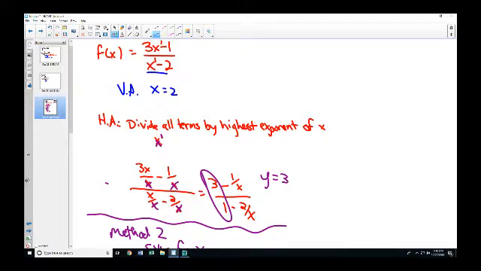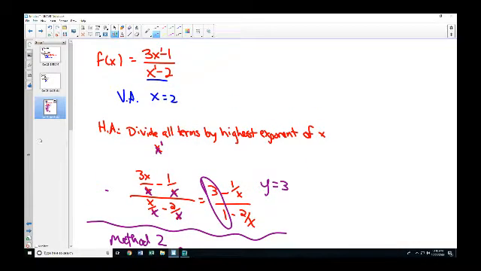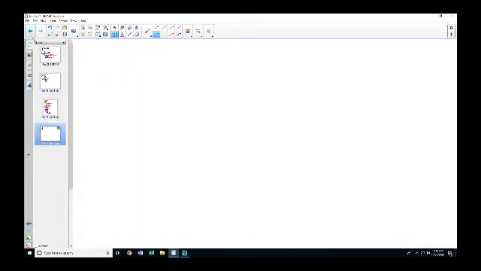I do want to show you one situation. With vertical asymptotes, there's a special exception to that question, where do you divide by 0? Okay. So let me give you a function.